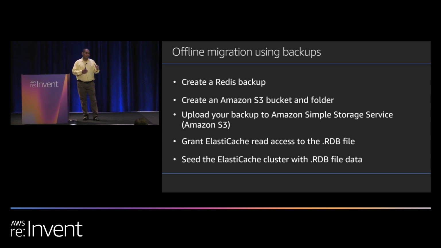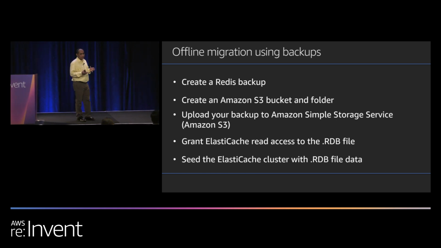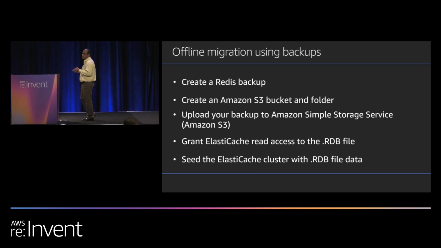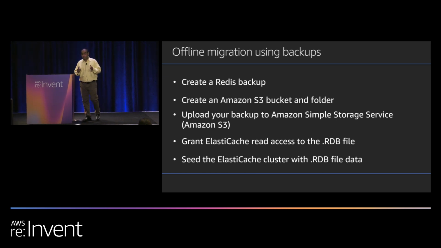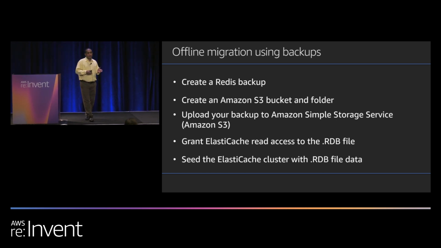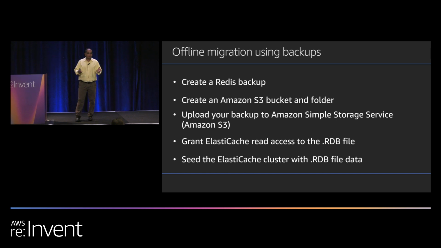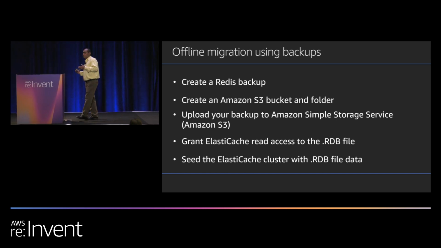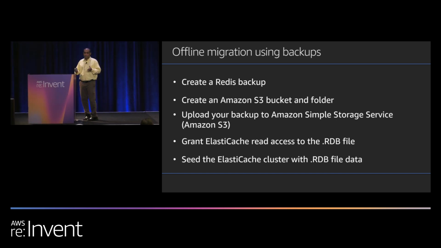You have an S3 bucket where you can copy that, give access to ElastiCache, and then you spin up a new cluster, and then you seed the data in the new cluster from the RDB file. And so now you have a new ElastiCache cluster running with the data seeded from the RDB file, and so you're ready to fail over. Now, for many of the cases, it works well because it's simple.